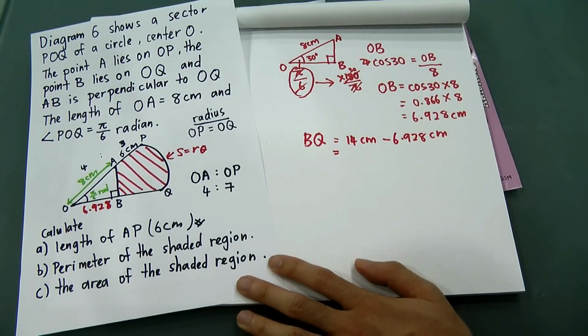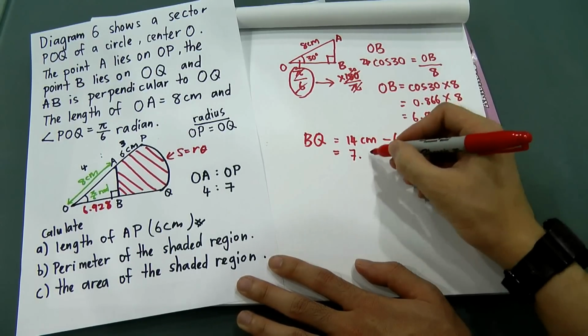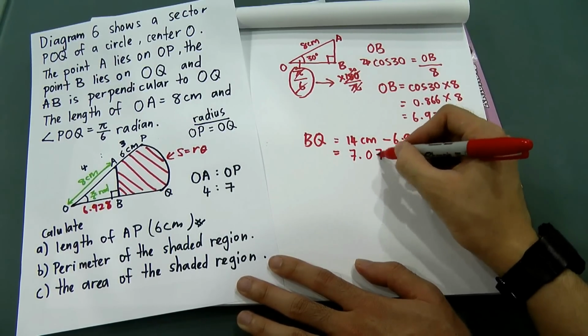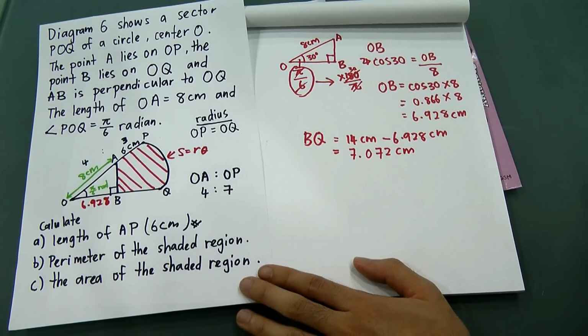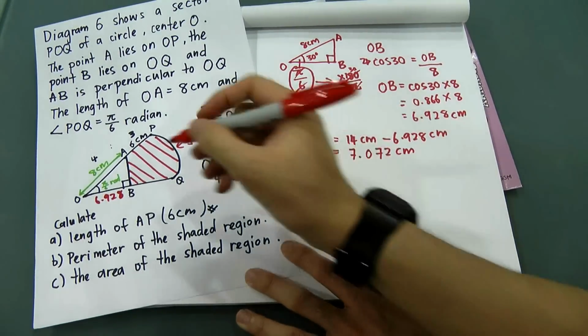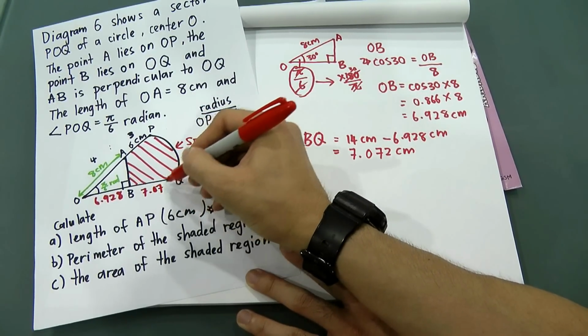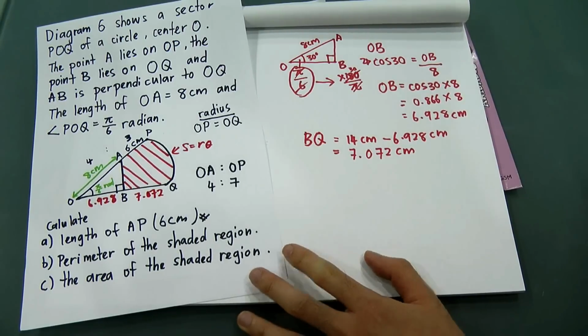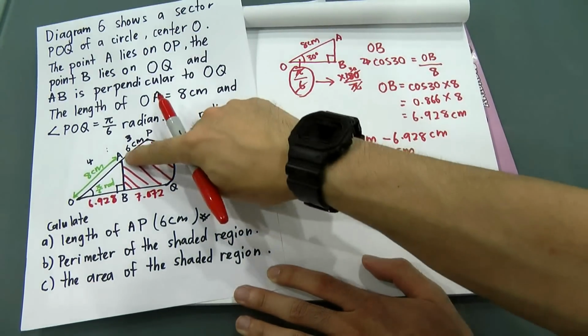So we press the calculator, we will get 7.072 centimeters for the length BQ. So I just write here 7.072.